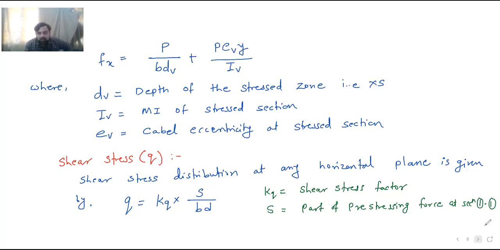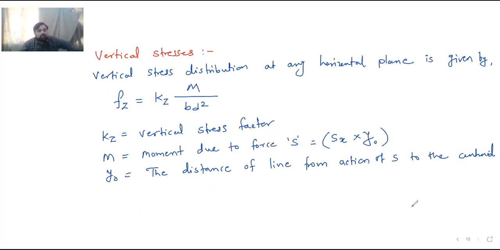Then for vertical stresses, the formula is Fz is equal to Kz into M upon BD square. So due to this concentration of the vertical and horizontal stresses and this shear stress, Magnel says, the principal stresses are getting generated.